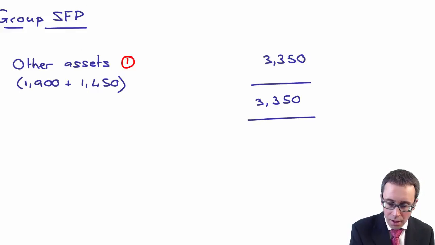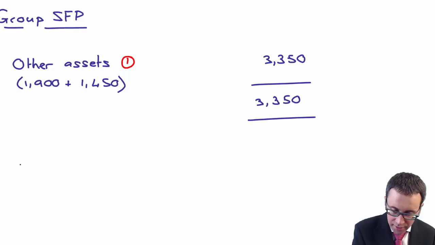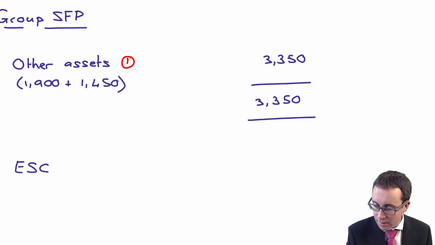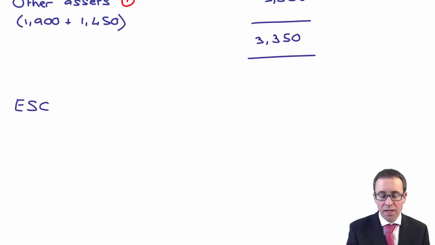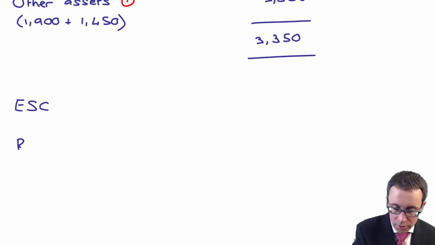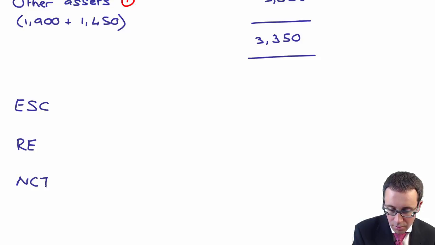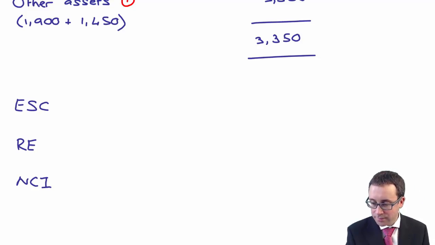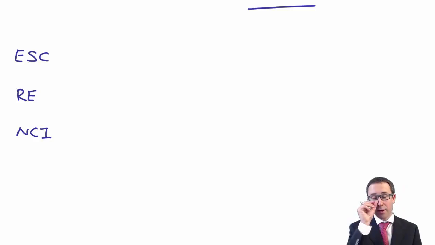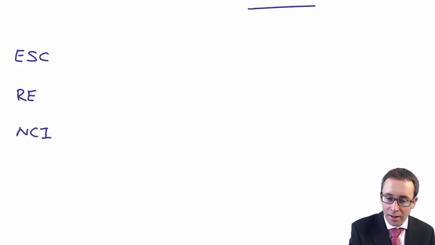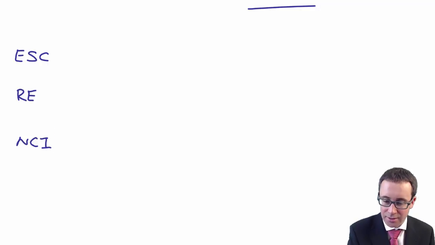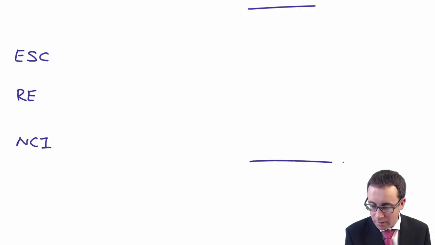Okay. We've also got your equity share capital. I'll put that in a moment. I'm just going to work through the steps in a fashion that we're used to. Retained earnings and non-controlling interest. Okay, so just leave yourself a bit of space between retained earnings and NCI in case we need to do any calculations. I say in case. I know we will need to do some.